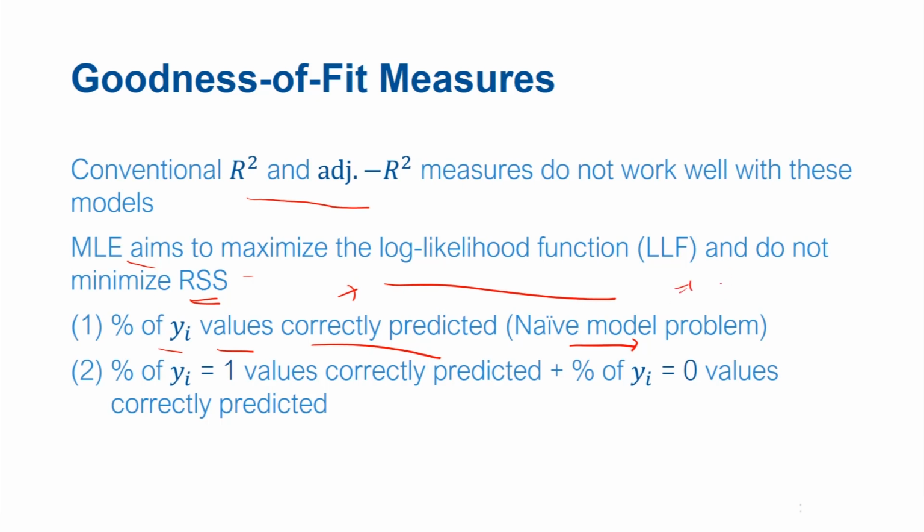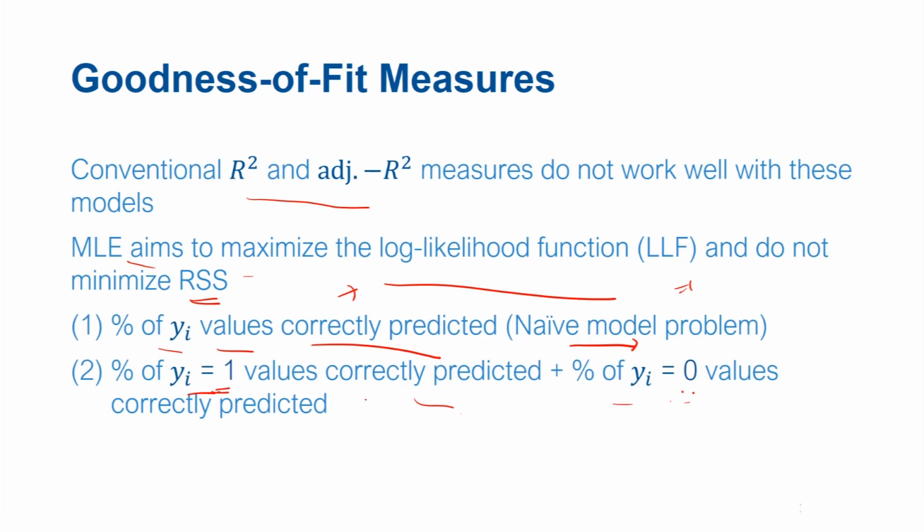So the total number of values that are correctly predicted, divided by the aggregate total number of observations. The other way would be the percentage of y equal to 1, that means positive cases, that are correctly predicted, and the percentage of y equal to 0 cases that are correctly predicted, and that is your accuracy of the model. You can take some sort of average of the percentage of y equal to 1 correctly predicted and the percentage of y equal to 0 correctly predicted to reflect the accuracy of the model.